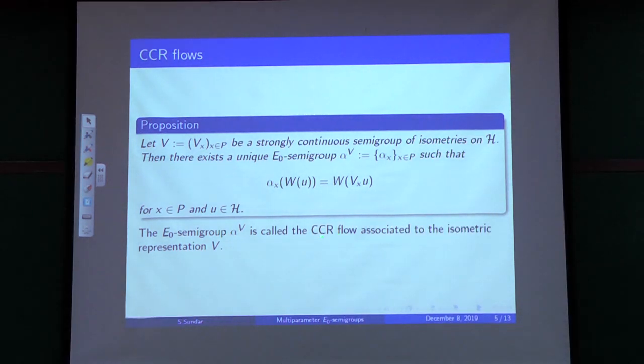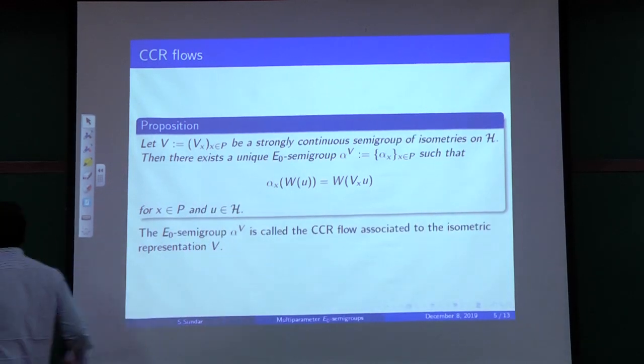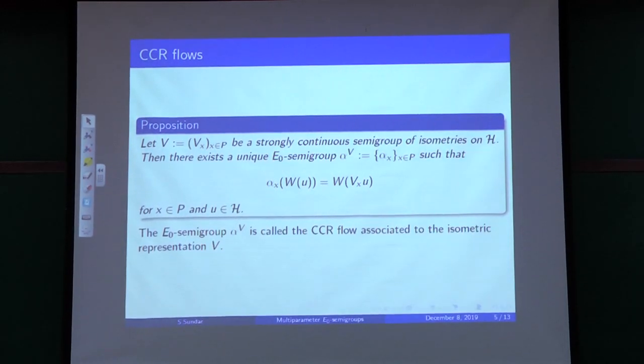The E0 semigroup is called the CCR flow associated to the isometric representation V. On one hand you have isometric representations, and on the other hand you have E0 semigroups.